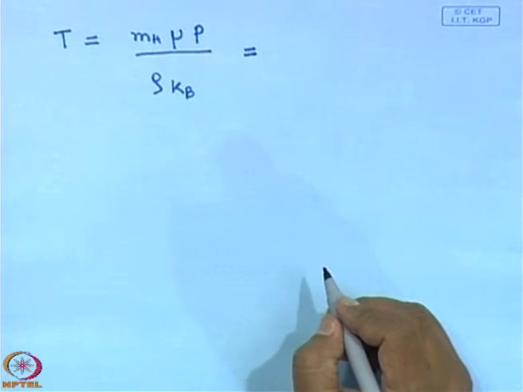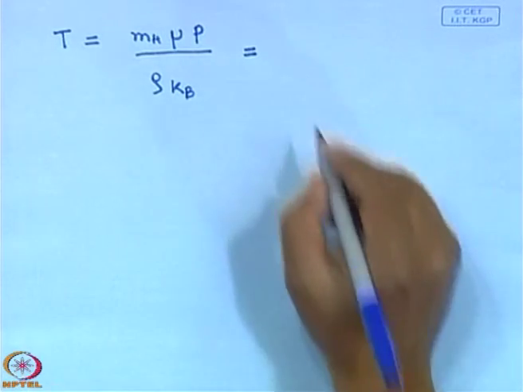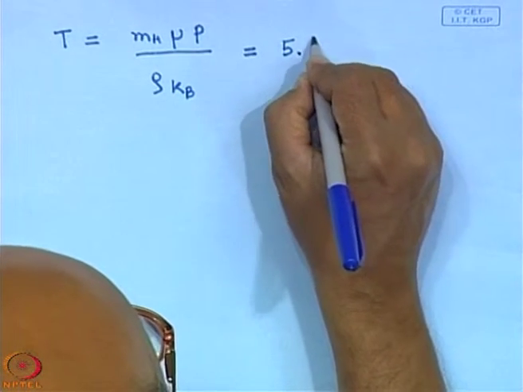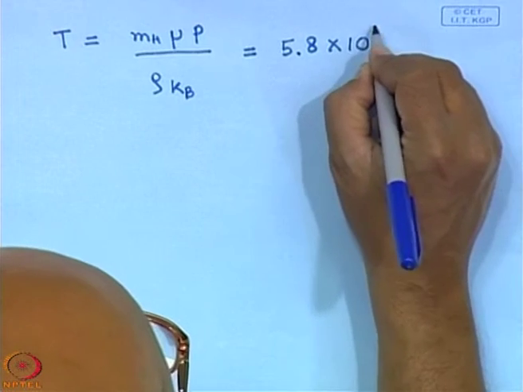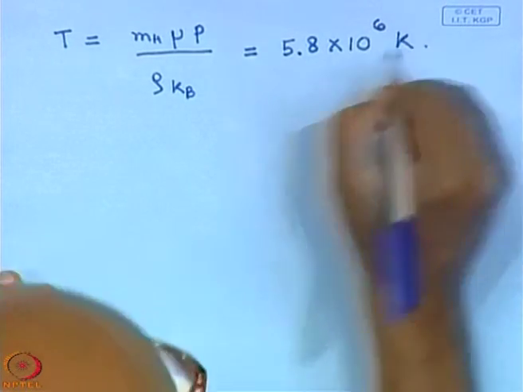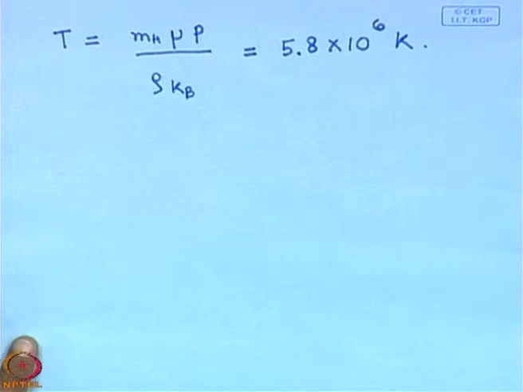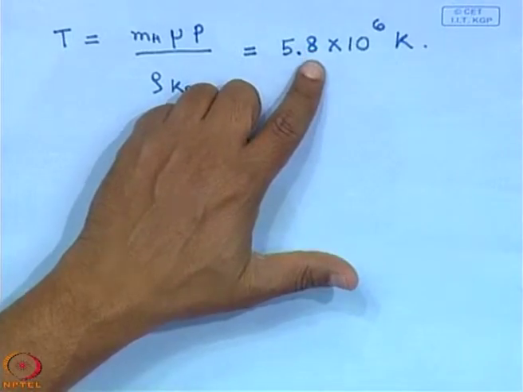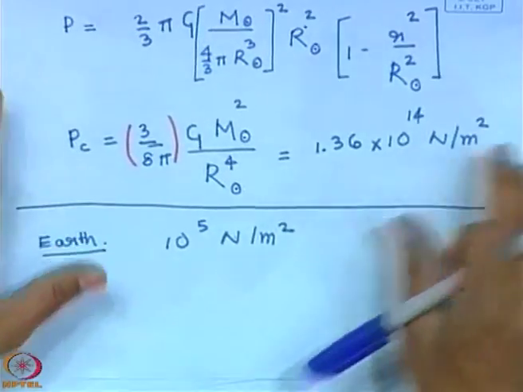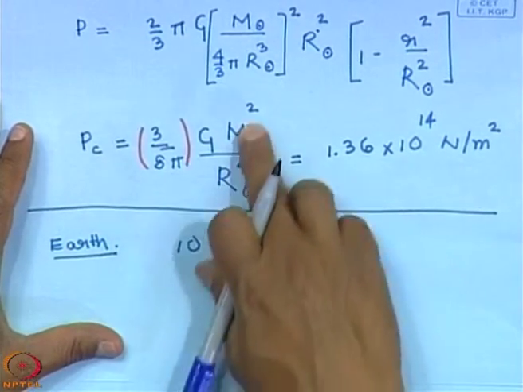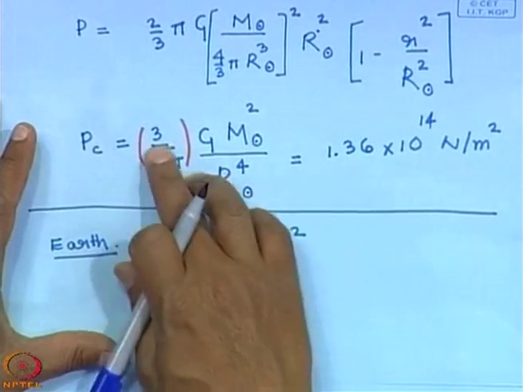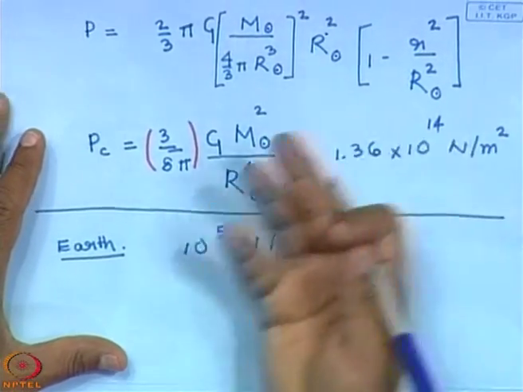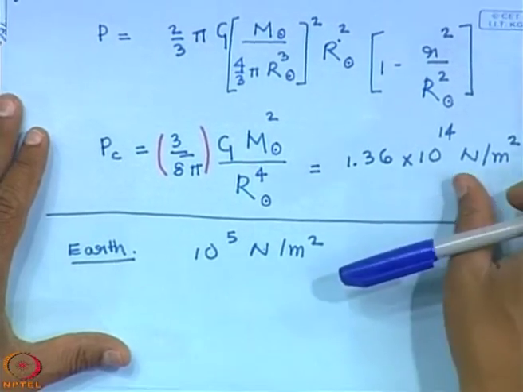The temperature comes out to be equal to 5.8 into 10 to the power 6 Kelvin, somewhere over here. Okay. So again do not take this number very seriously. The main point is that the temperature also will scale proportional to these factors, and it will have some numerical factor which could be off by a few, say 1 order or so.